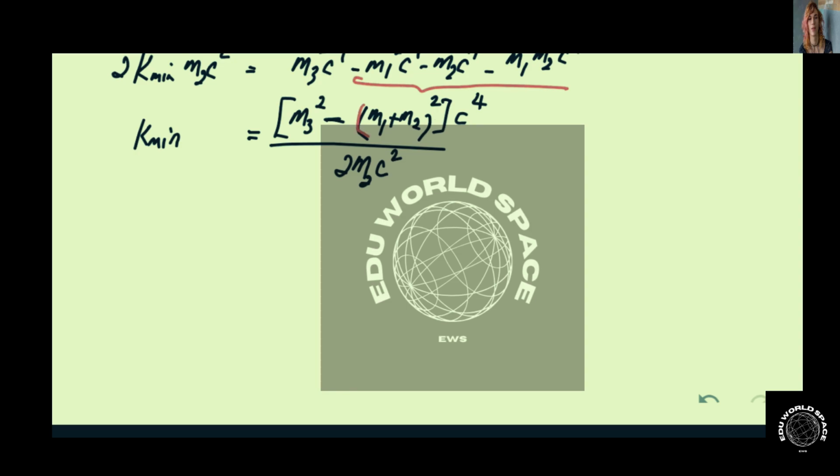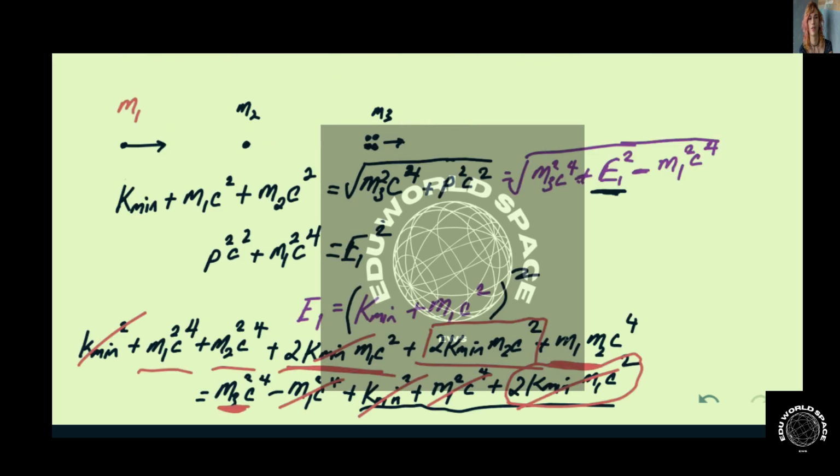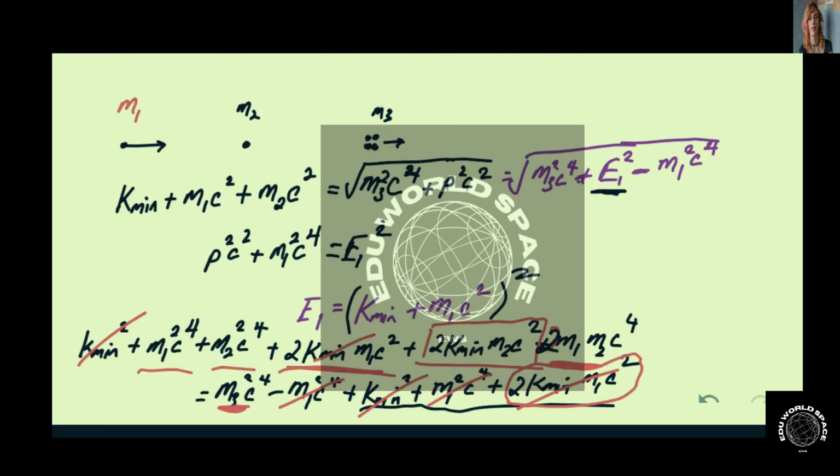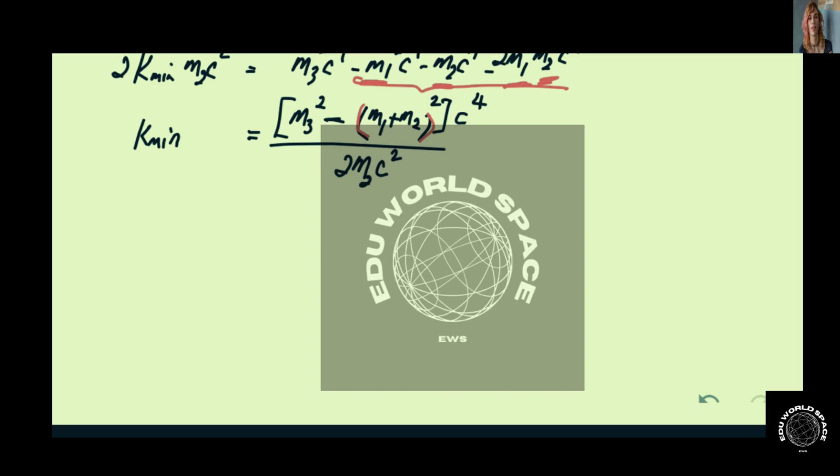So this over here becomes m1 plus m2 square, because we have m1 square plus m2 square plus, sorry, this is 2 m1 m2. I'm missing a 2 over here. It should be 2 m1 m2.